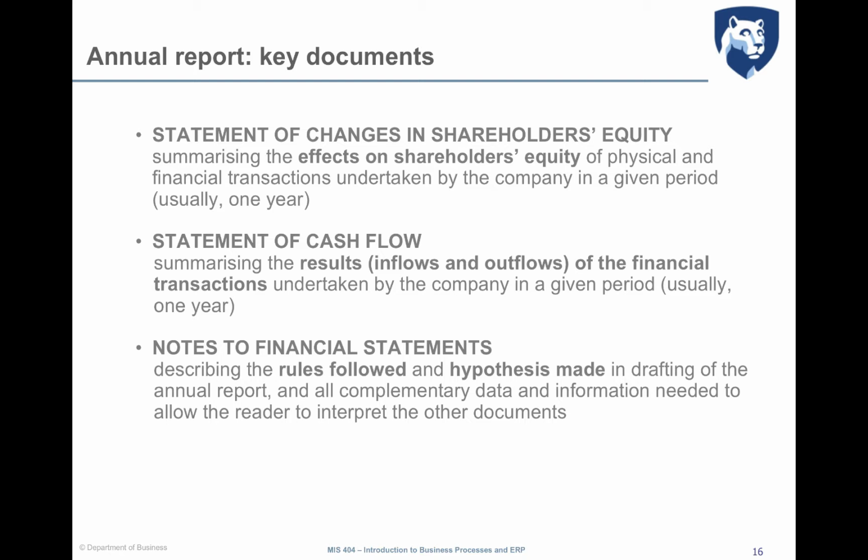Then we have the statement of cash flow, which summarizes the results of the financial transactions undertaken by the company during the year, and so gives an idea of the liquidity, the cash situation of the company. And finally, we also have some extended rules followed by the company in designing these documents, which are essentially called notes to financial statements. So a description of all the rules followed and the hypotheses made when designing this kind of documents.